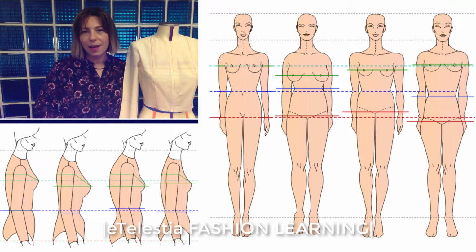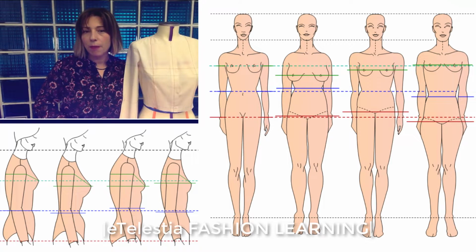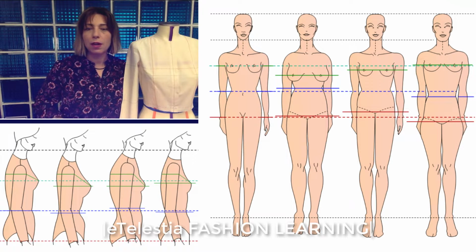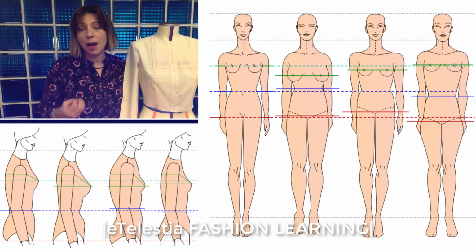In reality, the relationship and the proportions of the different body measurements vary from figure to figure, creating a different result altogether. Notice also the level of the waist and hip lines. They also affect the overall figure, creating many and varying deviations from what is called the ideal figure.